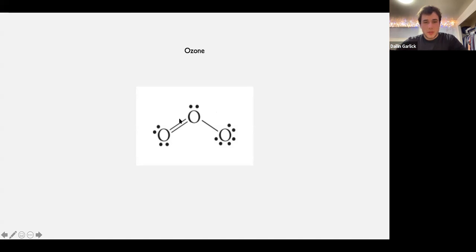Whenever you build this structure, we have the 3 oxygens and the pairs and then the bonds. But where resonance structures come into play, where there are 2 or more equivalent Lewis structures, is that we could have this bond here, but it can also be over on the other side as well.